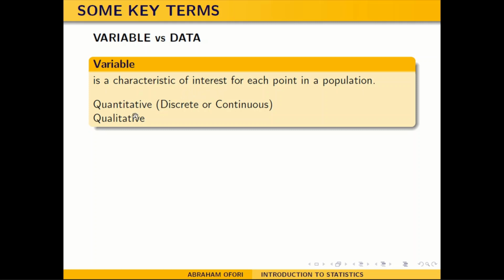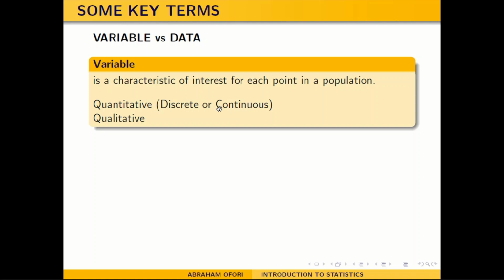But variables can also be classified into quantitative or qualitative variables. A quantitative variable, when you say something is quantity, it means you are dealing with numbers. Variables that can assume numbers. That is, we have a discrete variable and we have the continuous quantitative variable. The discrete just assumes exact values, and the continuous are the variables that assume an interval or range of values.